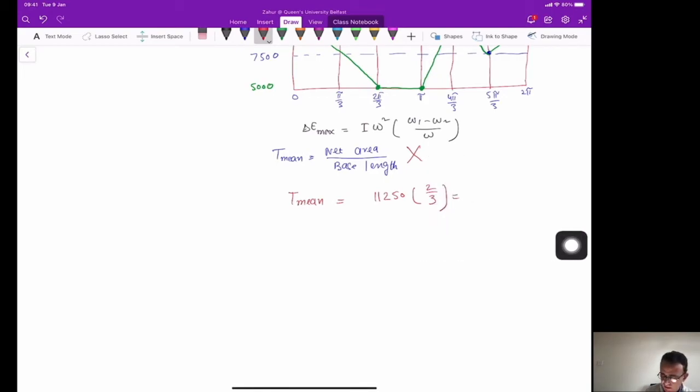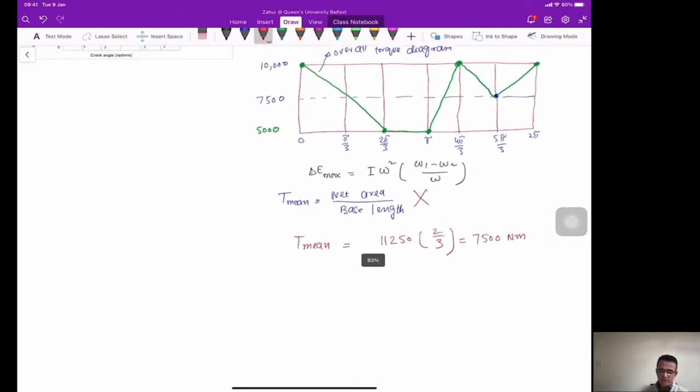So if you calculate this value, you will get 7,500 Newton meter. And if you do not believe in this, you can just calculate all the areas and use the equation, and you should get the same answer here. But this is just the simple trick.